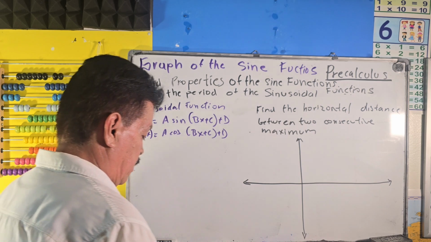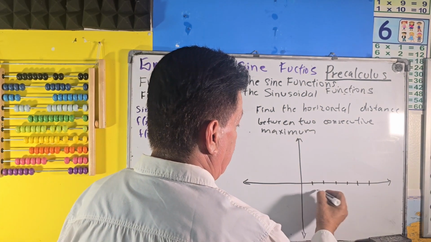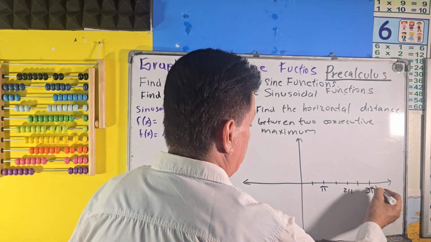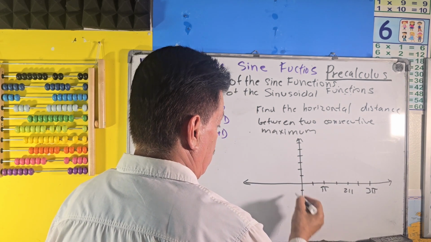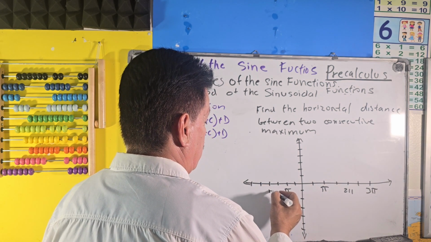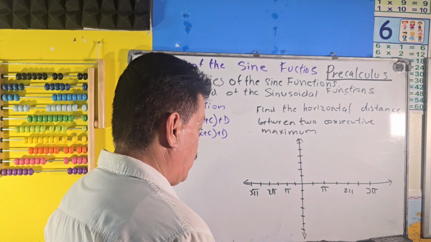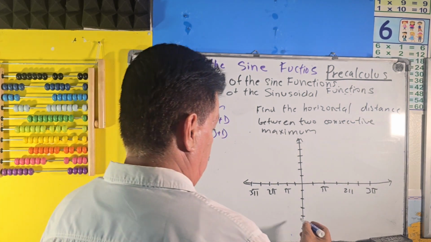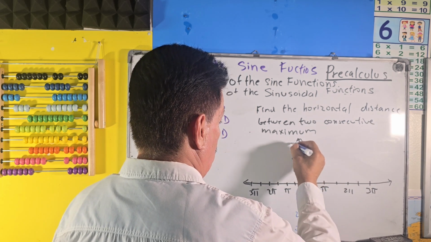In this graph, let's write down, for instance, 1 pi, 2 pi, 3 pi. I will draw some of the graph here. Go all the way: this is 1, this is 2, this is 3.